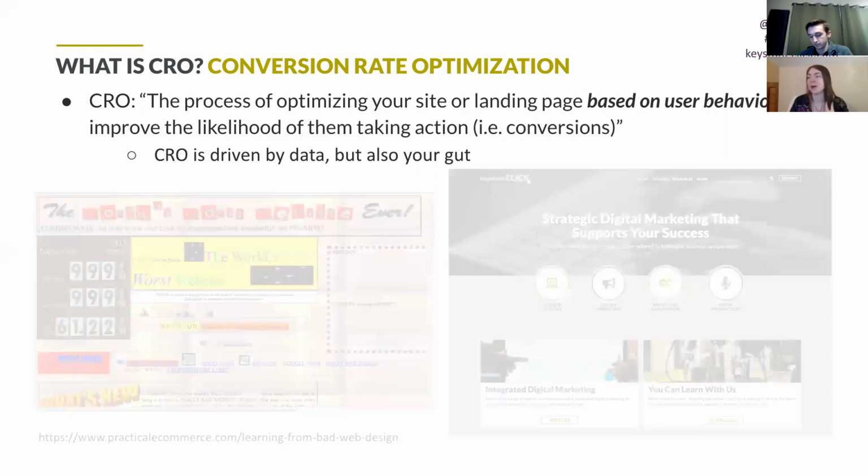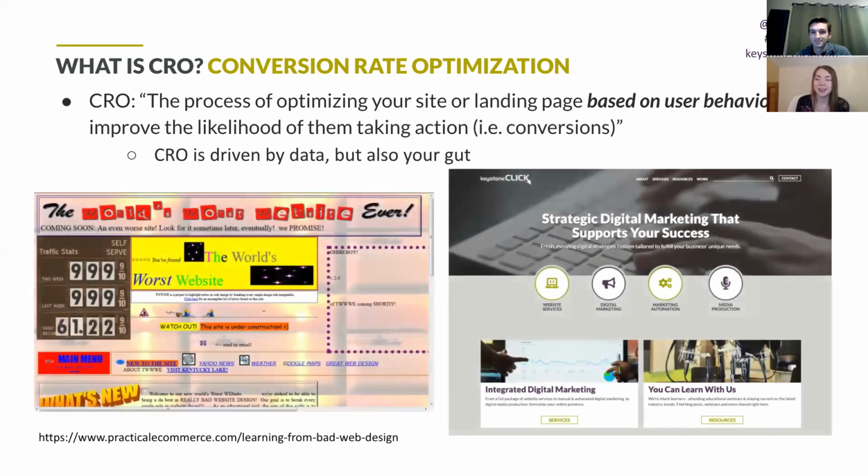And just an example to kind of prove that, I pulled the world's worst website ever, and quickly you can kind of tell side by side what works and what doesn't, right? And so oftentimes it's a lot about data and what's driving, but at the end of the day, you know your business and you know that look and feel, and you also kind of know what's going to make good design.